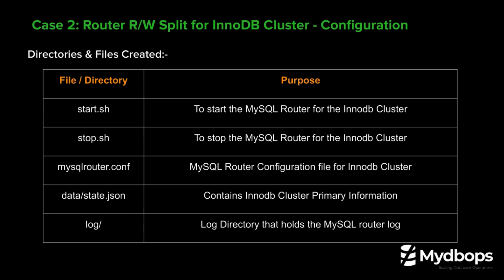If we run stop.sh, it will stop that MySQL router process. The MySQL router config will have all the details of read write split, what ports it is using, and what destinations it is getting. The state.json file has the primary information of the cluster, like how many nodes there are and what the IPs are. And the log directory holds all the MySQL router logs.